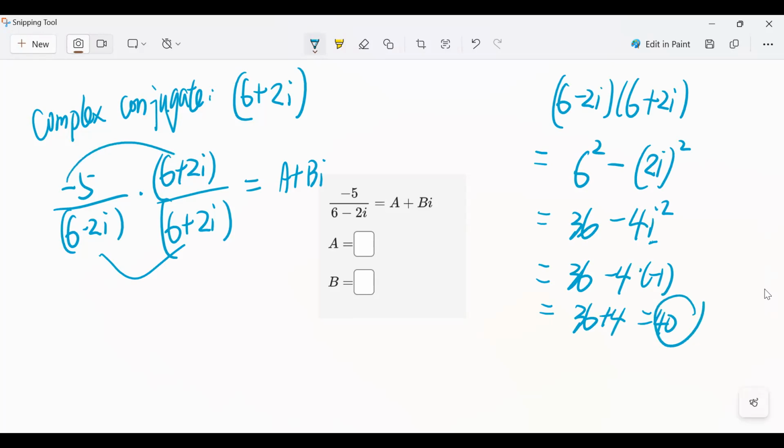And the top will be minus 30 minus 10i over 40. I'm going to split it: minus 30 over 40 is minus 3/4. The other one is minus 10 over 40, which is minus 1/4.